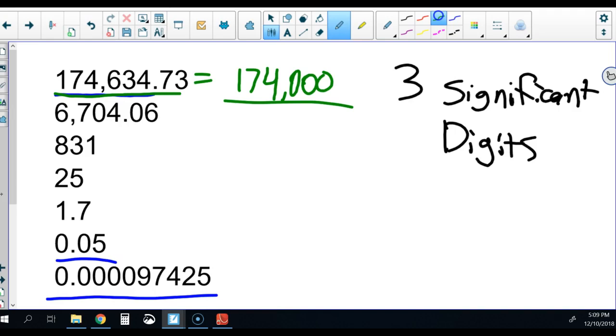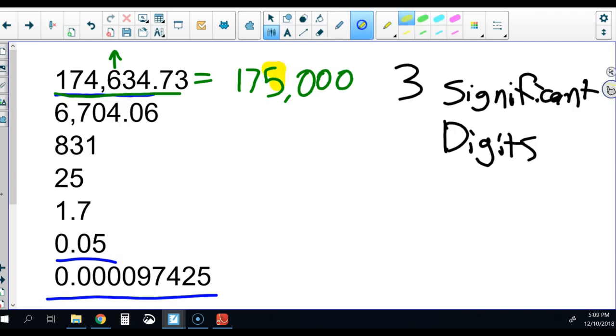Now, you might be thinking in your head, wait a minute, he didn't round right because 174,634, the 6 rounds it up to 175,000. Yes, that is correct. However, they also allow your third significant digit to be off by plus or minus 1.